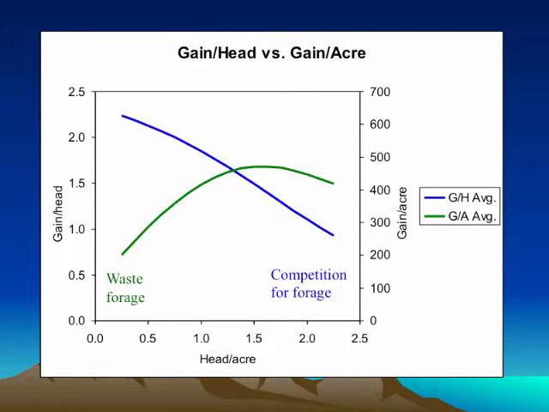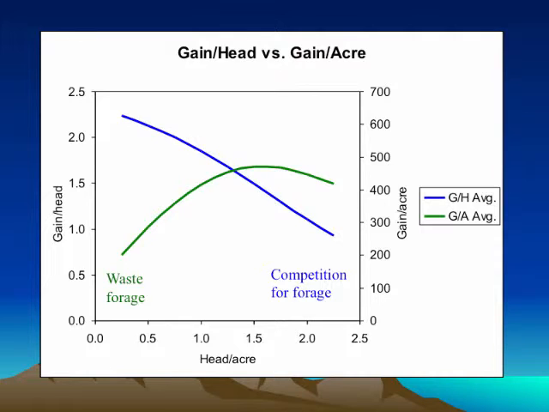Over here at the high stocking rate, I have competition for forage. Now, gain per acre initially goes up because my utilization of forage is improving more than my loss in gain per head. At some point, I reach a maximum production per acre, and then it's going to start going down.